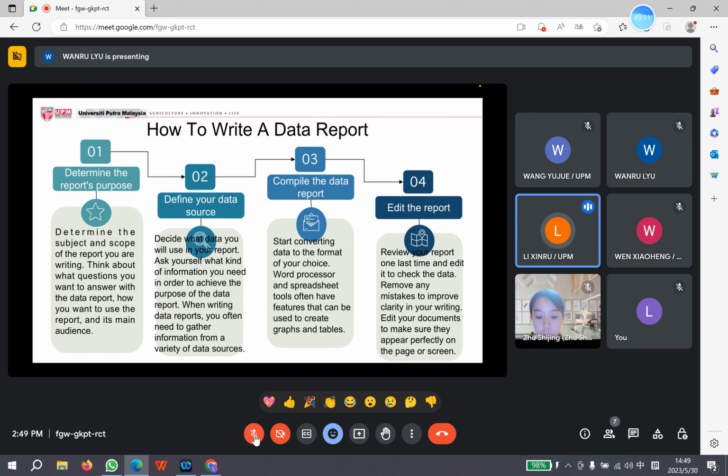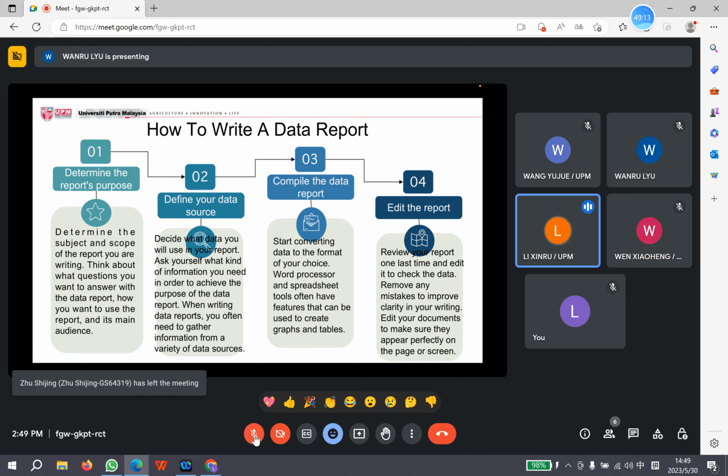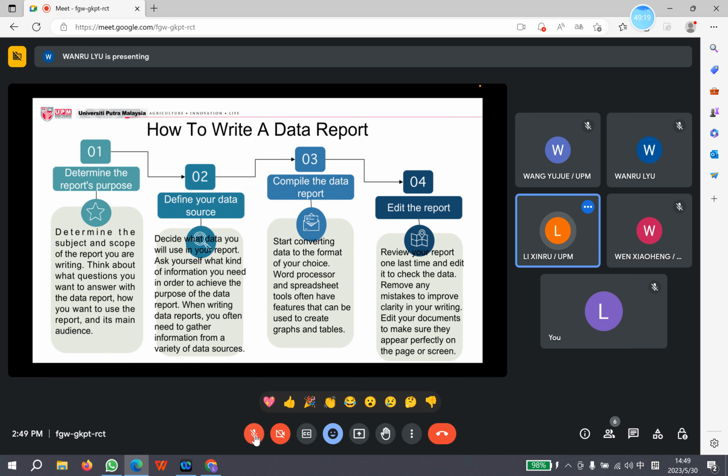Word processors and spreadsheet tools often have features that can be used to create graphs and tables.